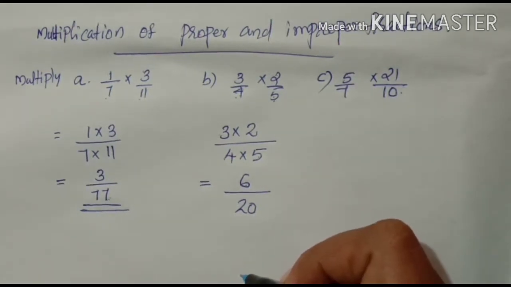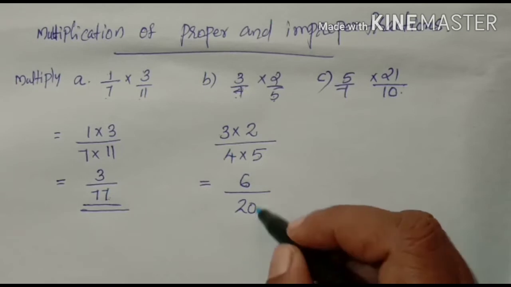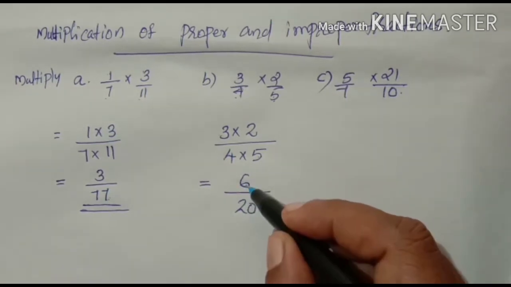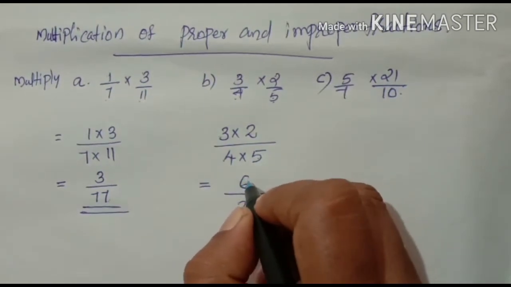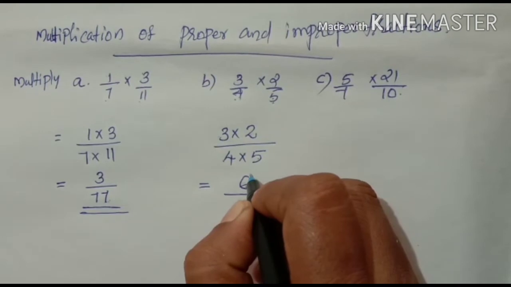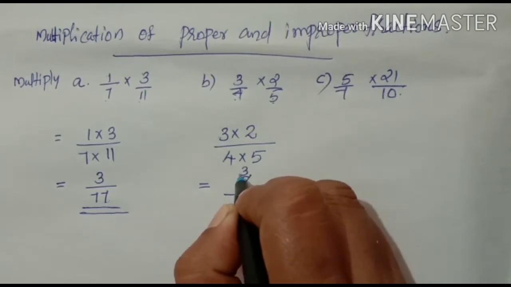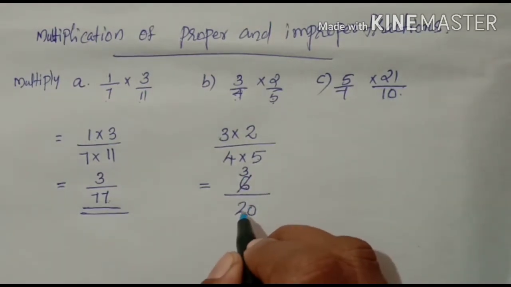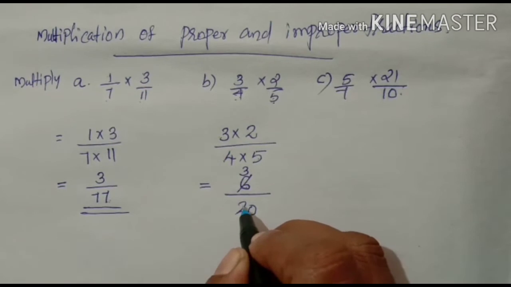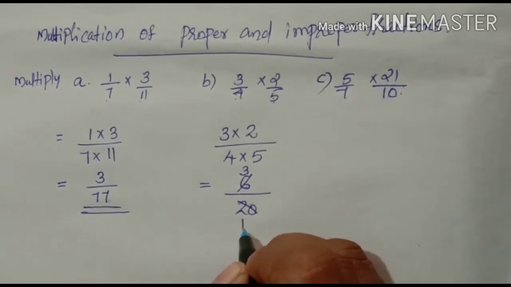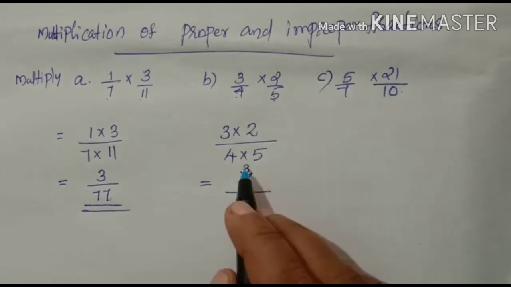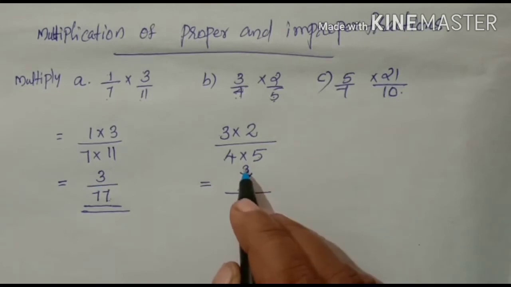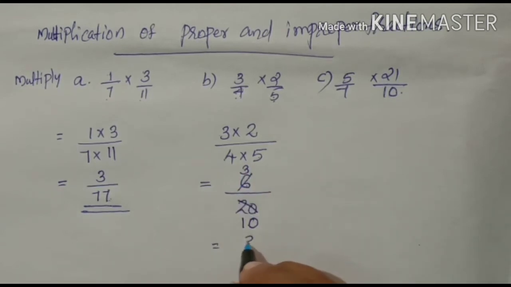We can divide both sides by 2, or 2 is a common factor of 6 and 20. How many times 2's are there in 6? 3 times. In 20, how many times 2's are there? 10 2's are 20. So the simplest form is 3 by 10. There is no common factor again in 3 and 10. So 3 by 10 is the simplest form.